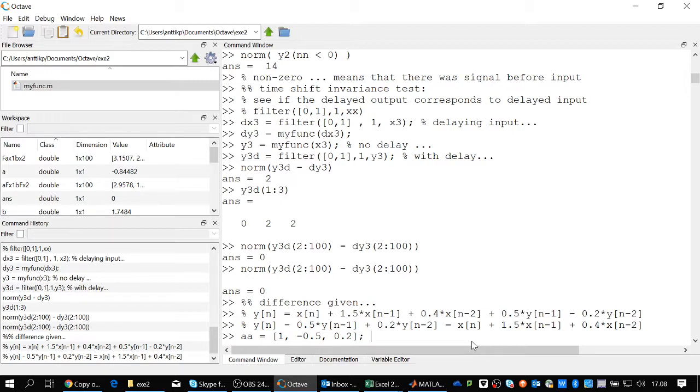Okay, these are the A's. Similarly, B's equal 1, 1.5, 0.4. So corresponding terms, nothing more.